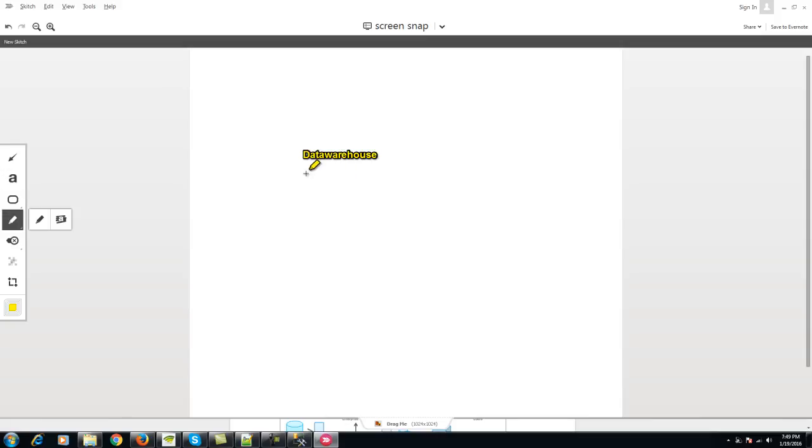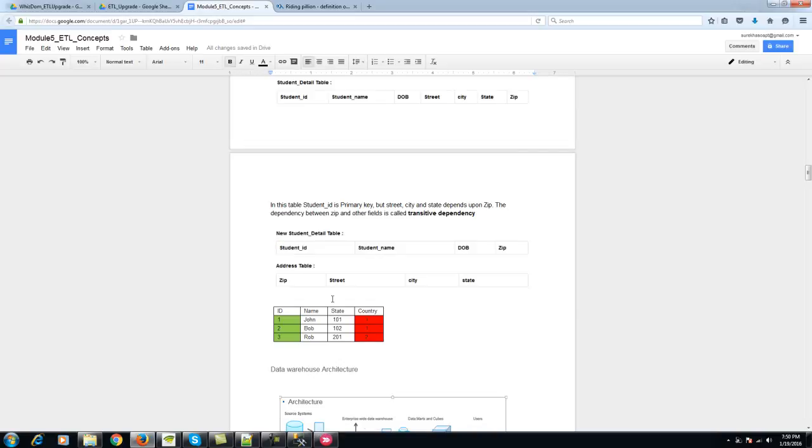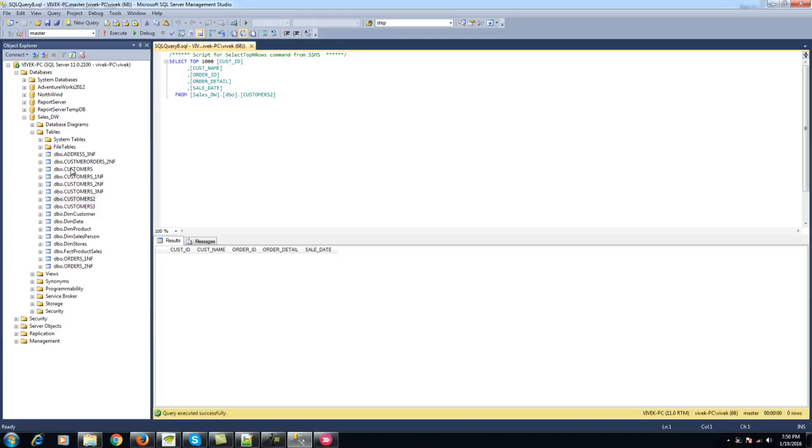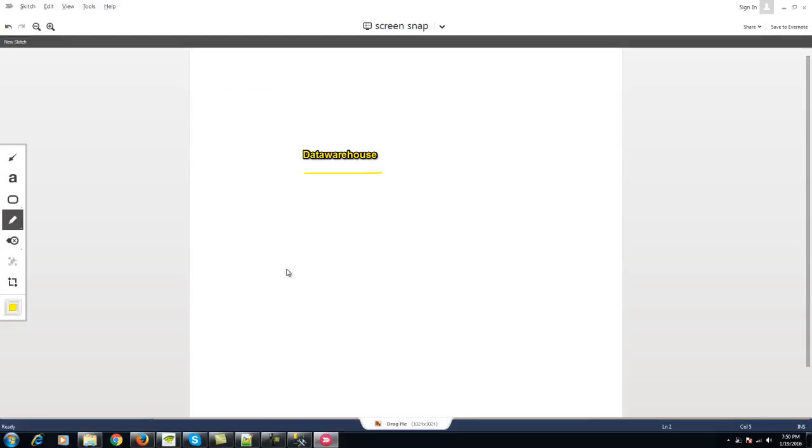That is the reason we go ahead with the denormalized structure, right? So if you take our very first example, this is my customer table. This customer table is highly denormalized, and that is what people keep when they are dealing with a data warehousing solution.